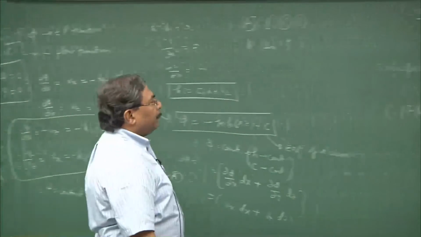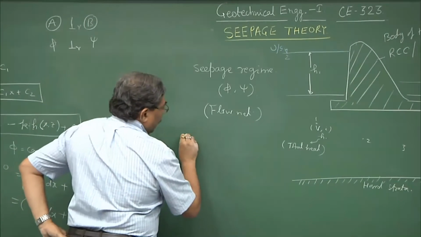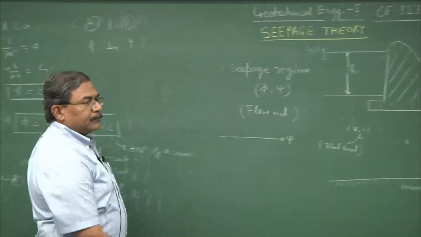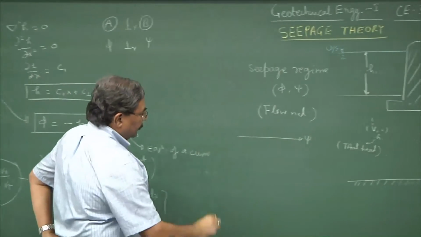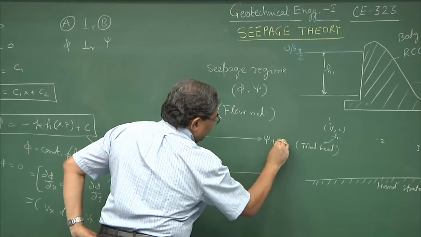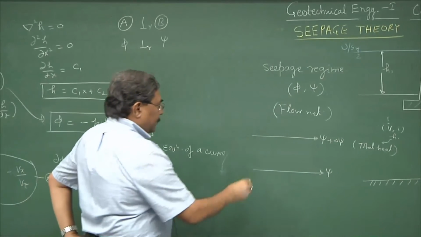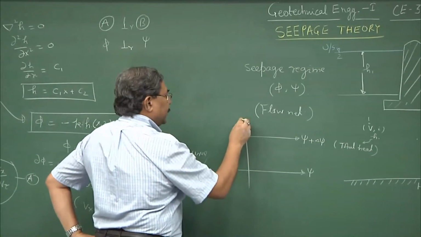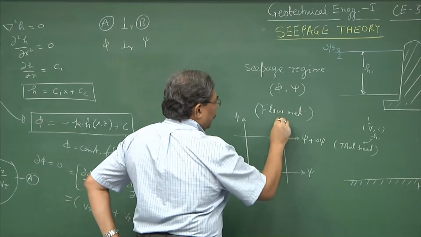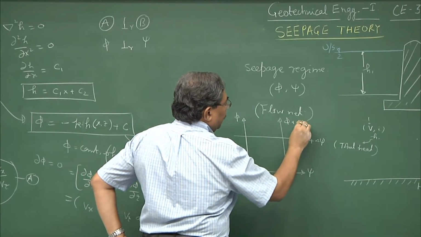That means, if I maintain this condition and define this as a psi function, which is the flow function, this could be phi plus delta phi, and this is an equipotential function which is phi, and another function here I can take as delta phi.